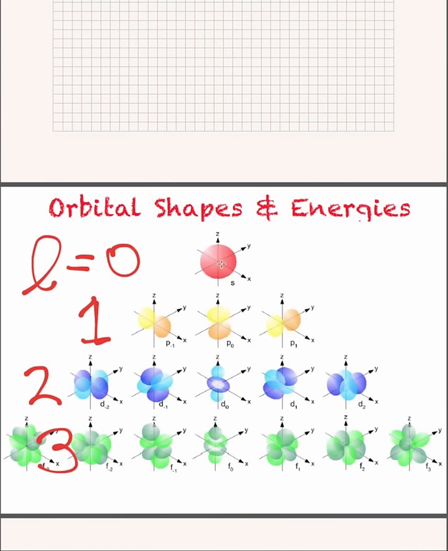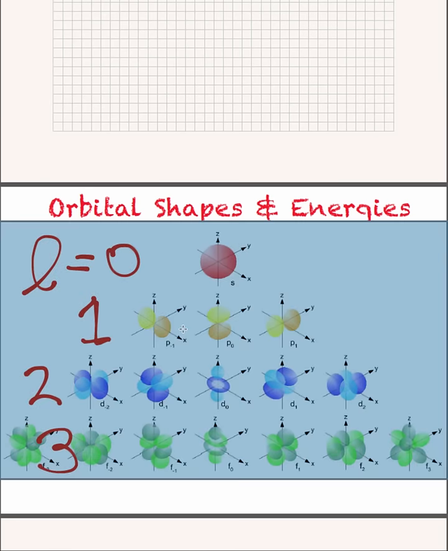It looks like this. If n equals 2, that's layer 2. It has also another spherical orbital larger than this one outside of the 1s called the 2s. But it also has these things called 2p orbitals, and they're shaped like this. We'll say more about those orientations in a different video, I think.